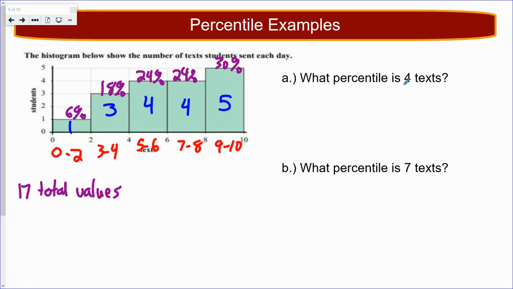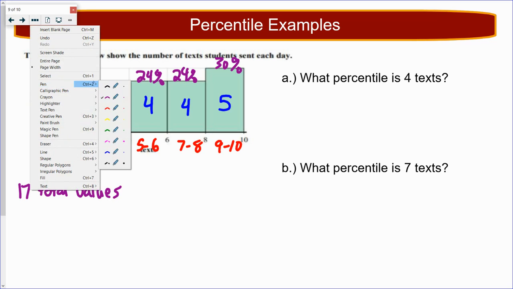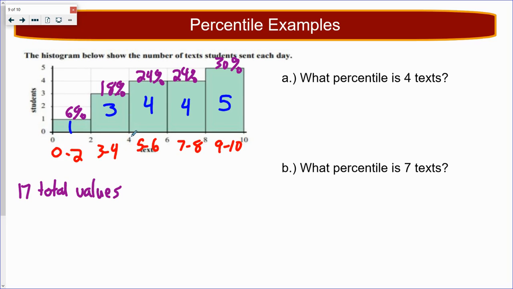So if we want to know the percentile that 4 text messages would be in, we're going to go to this spot here. So if you sent 4 messages, that would mean that all of these values are less than or equal to 4.